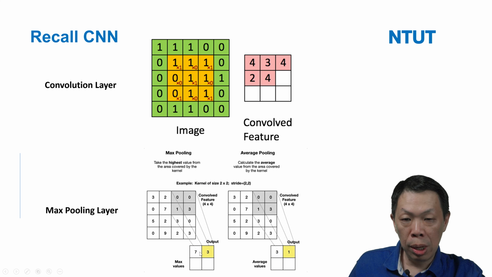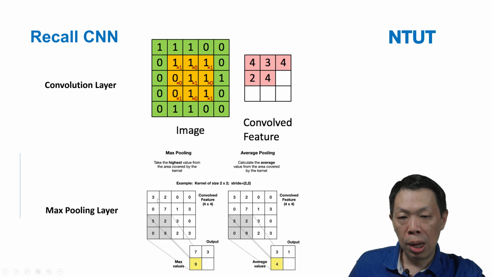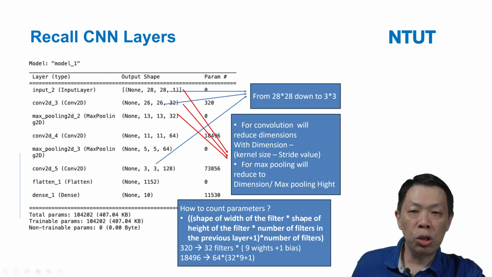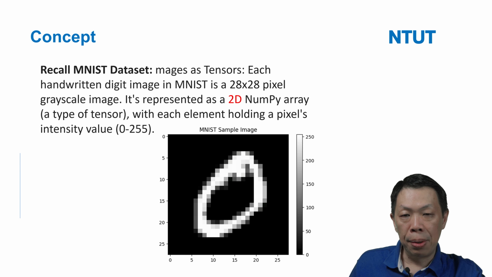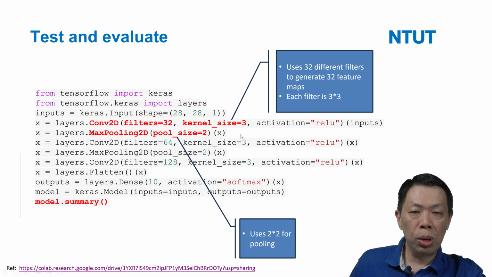If this is 2x2, then we select the maximum value from this 2x2 area and put it into a new array. That's the operation for max pooling.